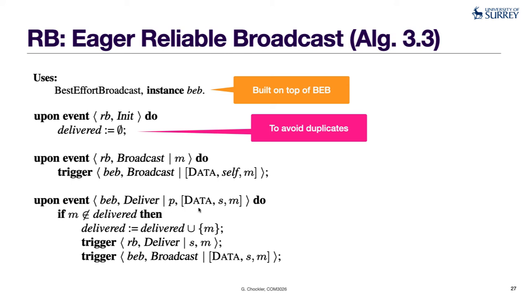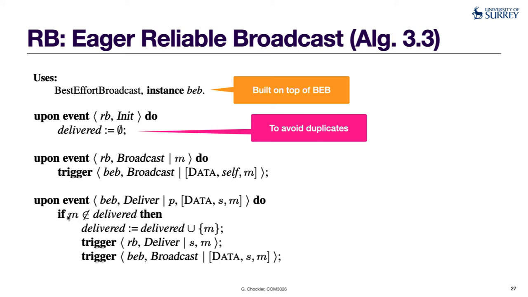We first check whether this message was already delivered, and if it was, we don't execute this code, which among other things will trigger a local delivery indication at the process. That basically allows us to eliminate duplicates, not to deliver a message more than once.